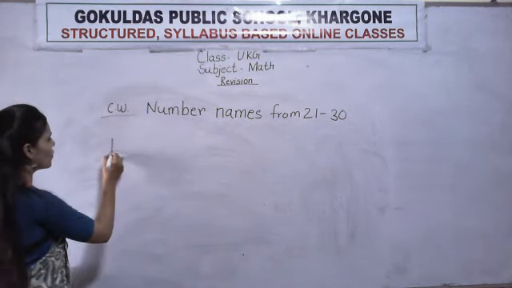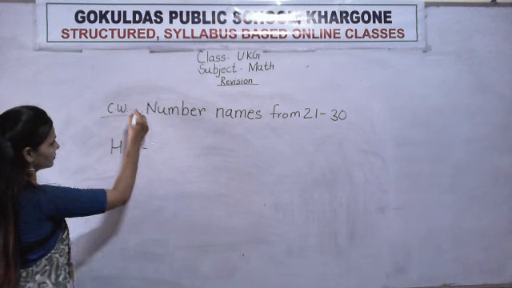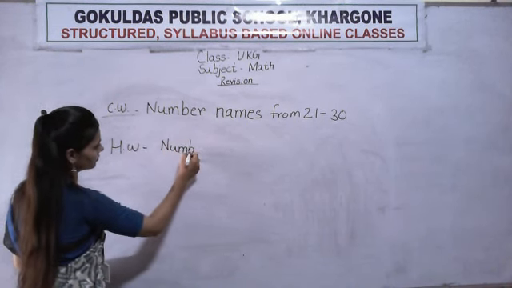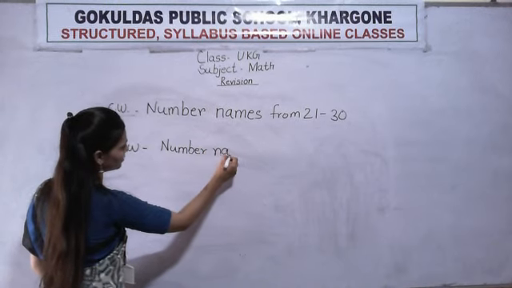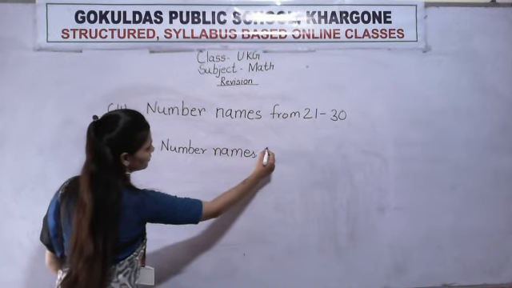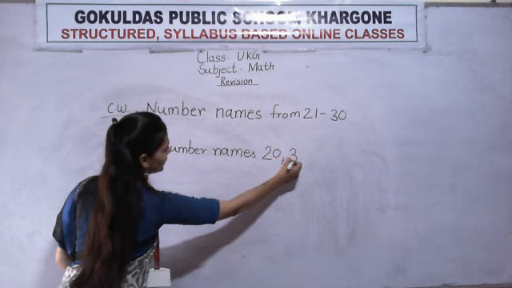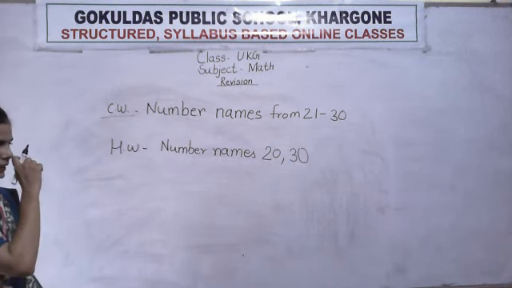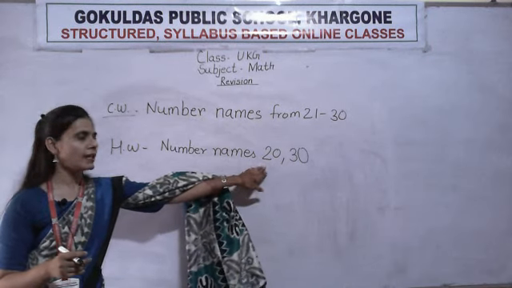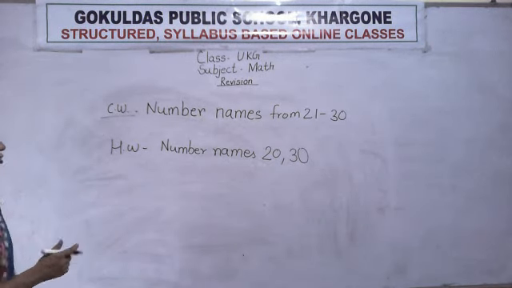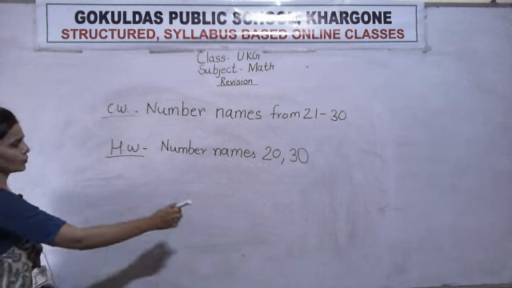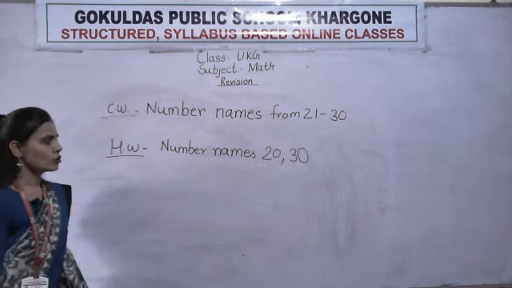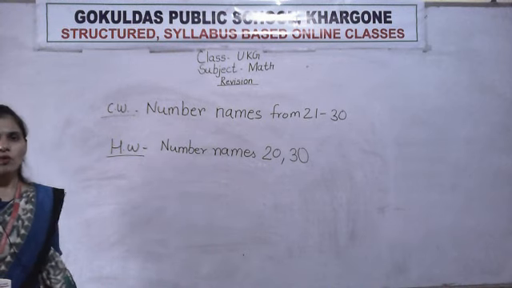Okay. And your homework, number name 20 and 30. How many times? 10 times. Okay. 10 times of 20 spelling and 10 times of 30 spelling. You write full page of 20 and full page of 30. So this is your class work and homework.